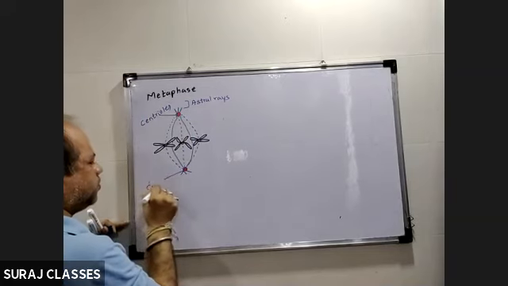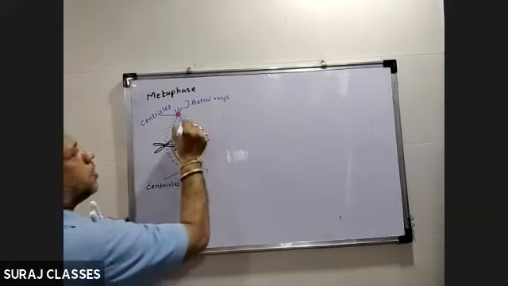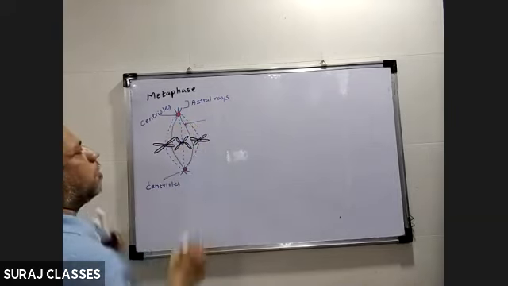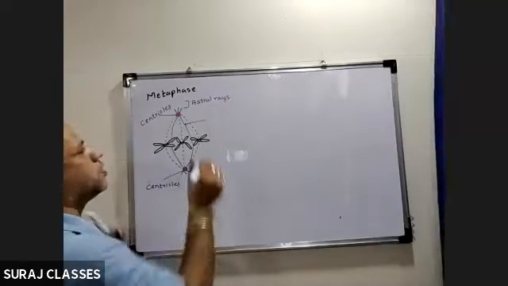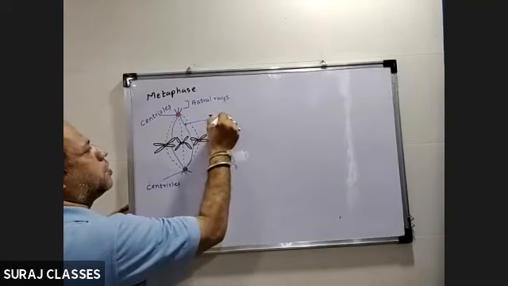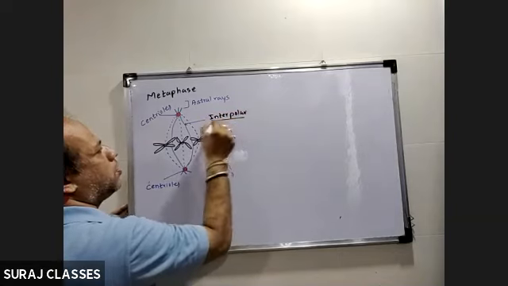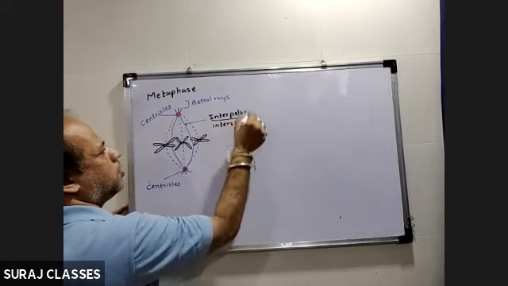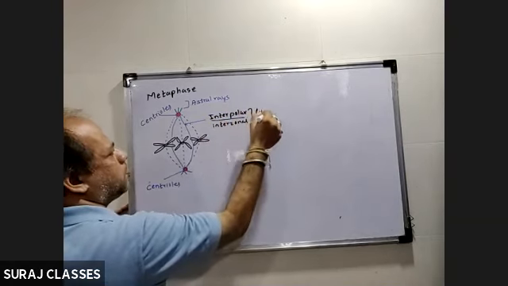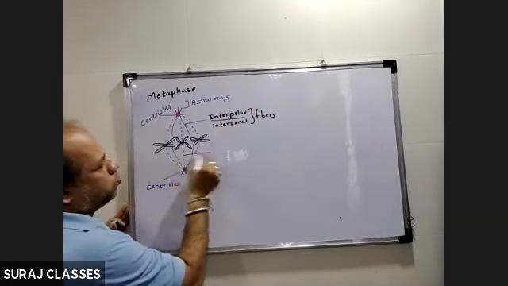These are called the interpolar fibers, or interzonal fibers. These are chromosomal fibers.